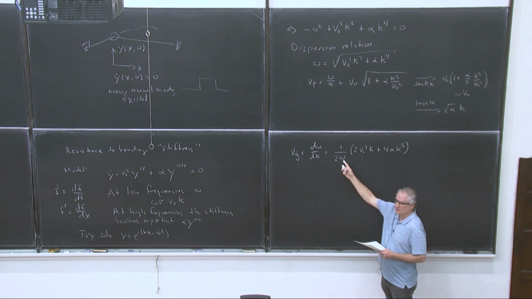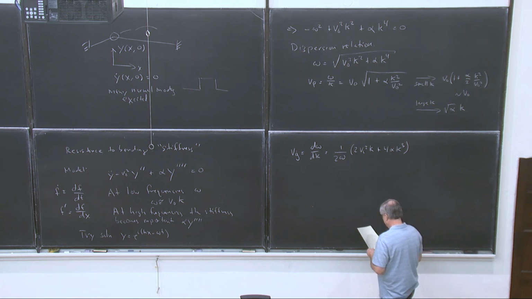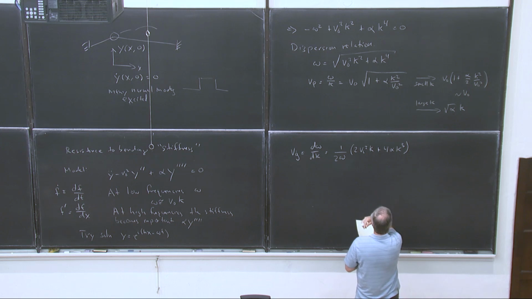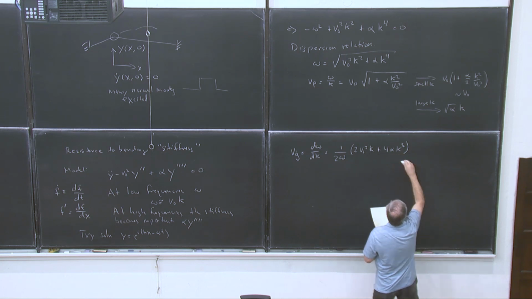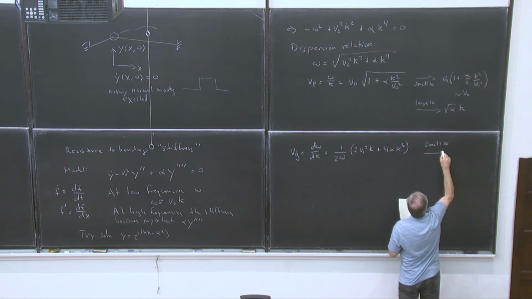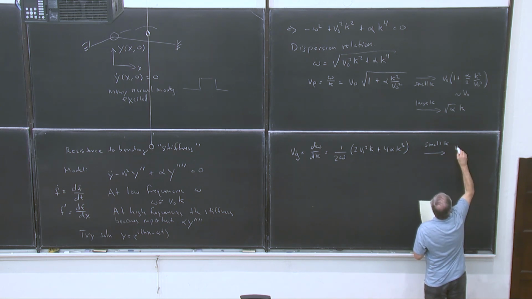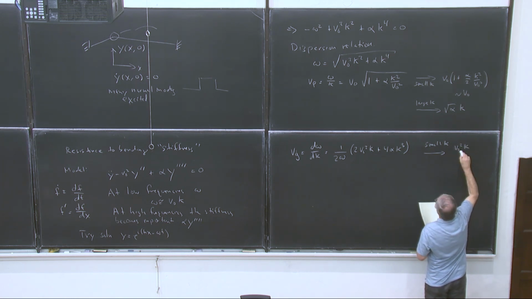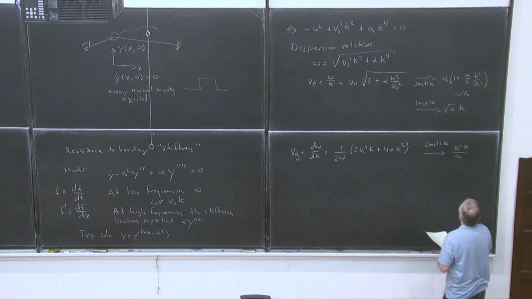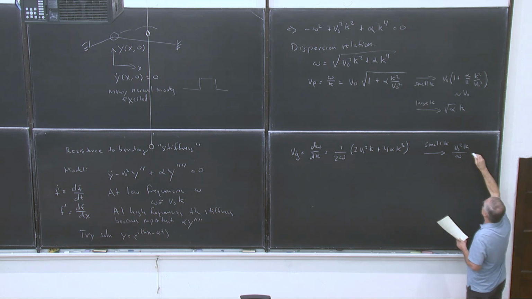So instead of writing omega here as a function of k, I've just left it as omega. Okay. So for small k, this term will dominate over this term. So for small k, it's going to go like v naught squared k over omega. But for small k, omega over k is just v naught. And so this is like v naught.